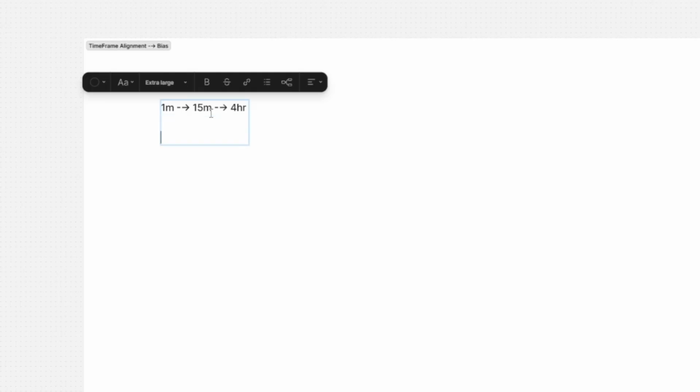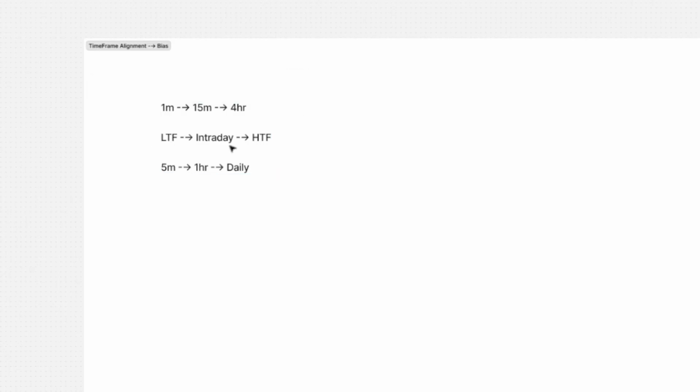So I'll try to do this as low time frame, then what I call intraday, which is like the middle between low time and high time frame, and then you have high time frame. And for the 5-minute traders, a lot of people really go for 5-minute to 1 hour to daily, which is good. I also use something very similar, especially the top part, since I'm a 1-minute trader.